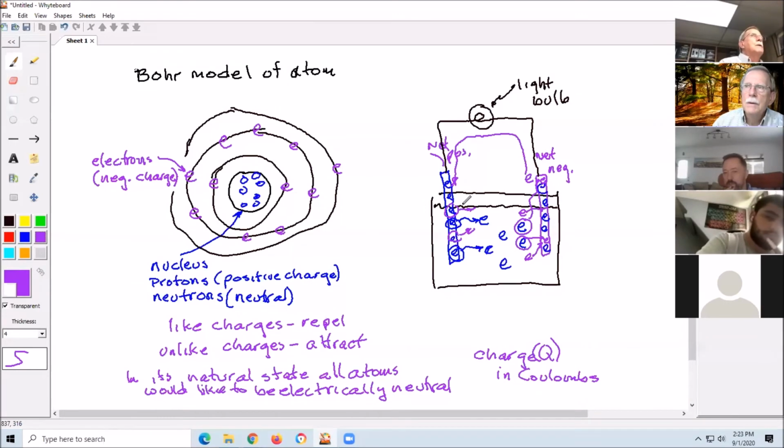Okay, we're going to be dealing with, there's two ways of looking at electrical circuits. What's called electron flow and what's called conventional current flow. Most electrical engineering courses, most electrical engineering technology courses use conventional current flow, not electron flow.